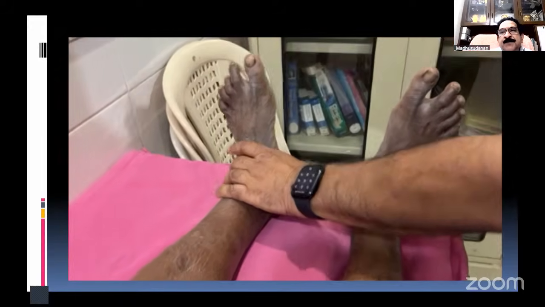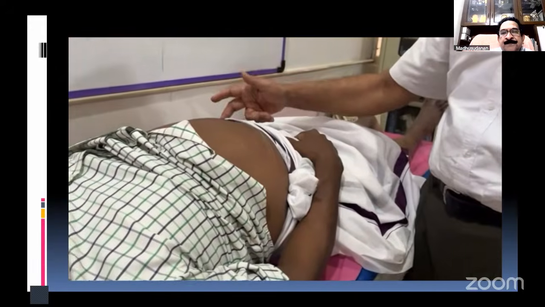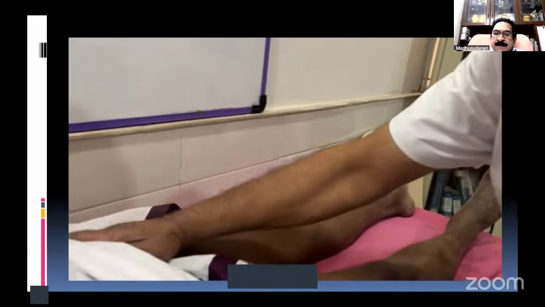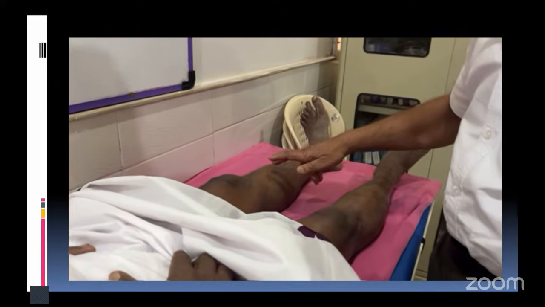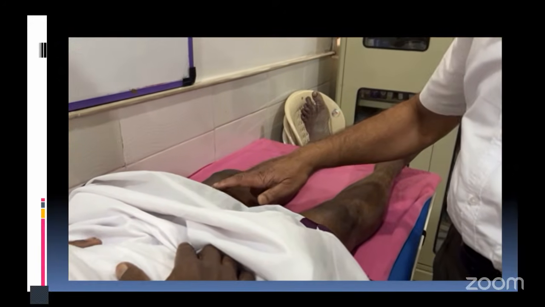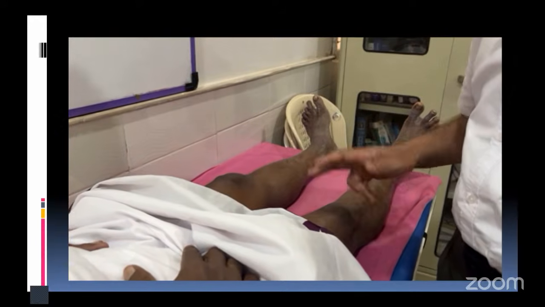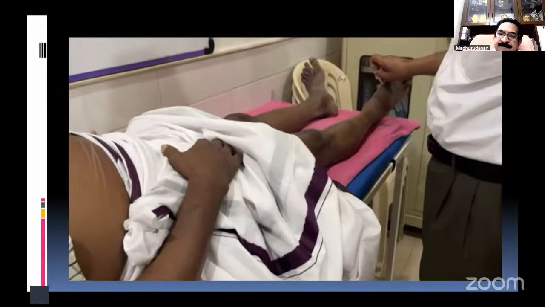Plantar was mute, indefinite. Touch sensation was normal. Sensation diminished below the knee.